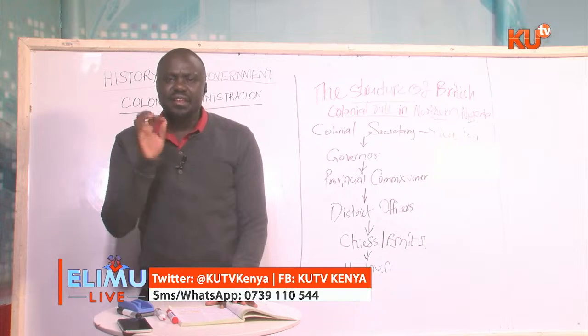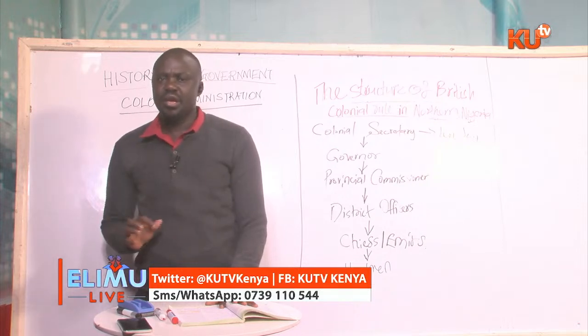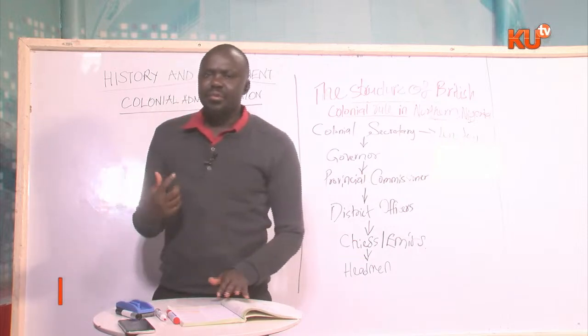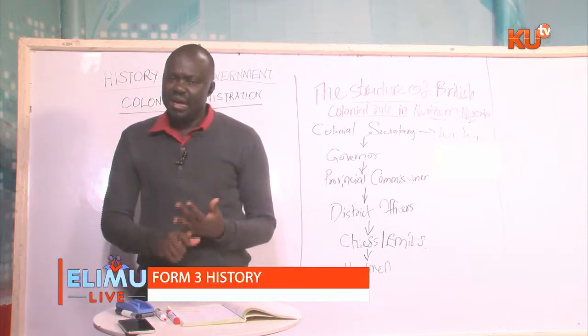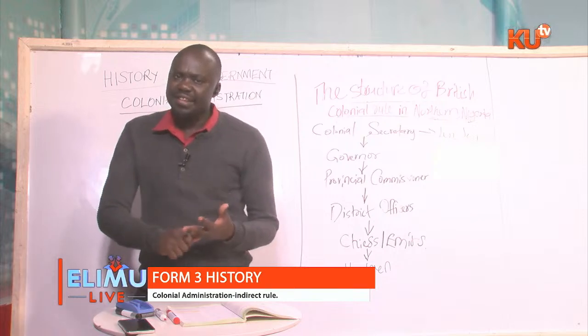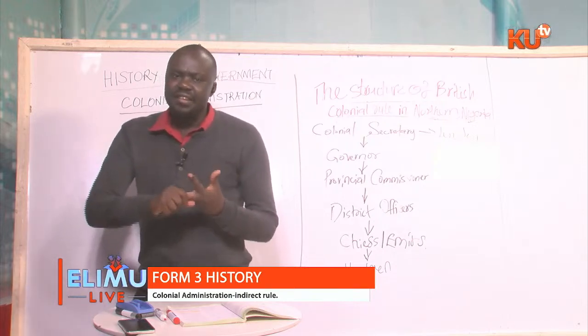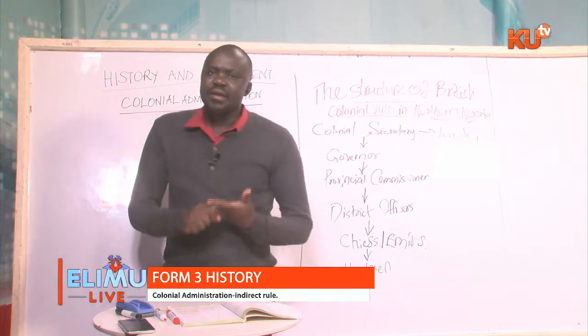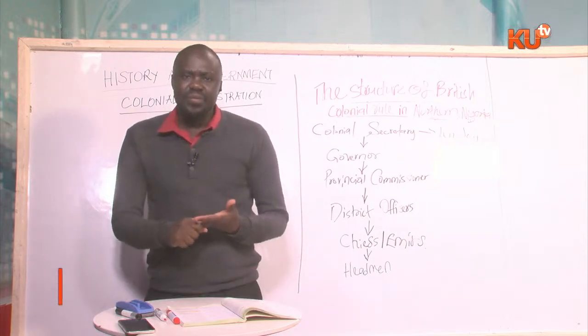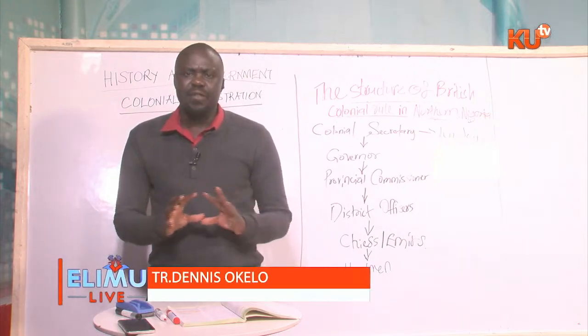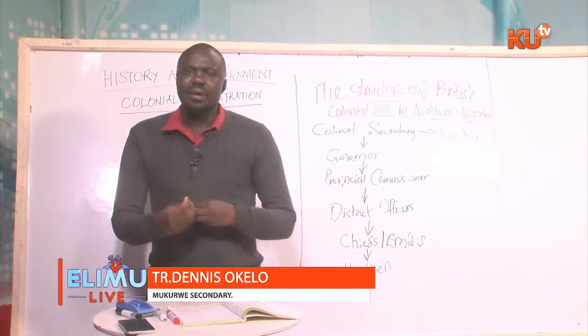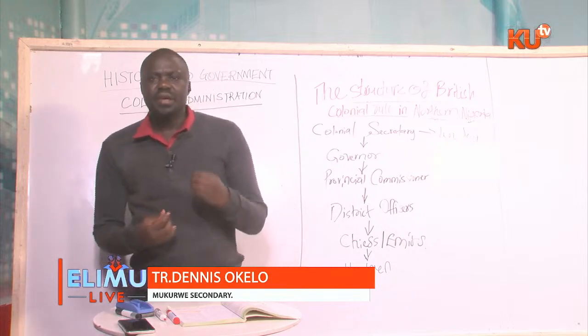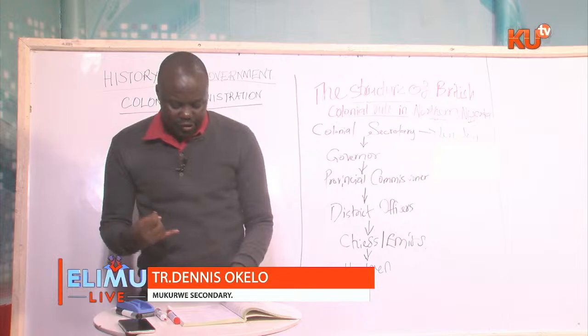All these things that Lugard wanted them to learn needed, number one, a long time to learn, number two, a lot of skills, and number three, a lot of effort and sacrifice. And the Africans, being Africans by then, found it very difficult to be flexible and adapt to whatever the colonial government wanted.